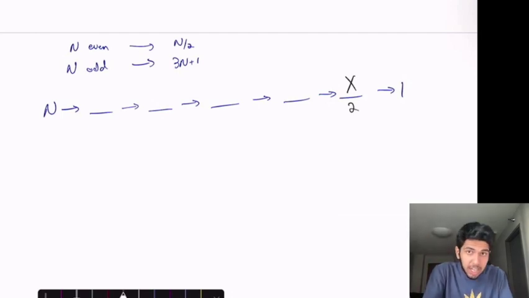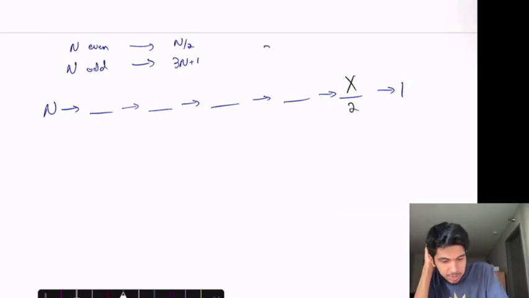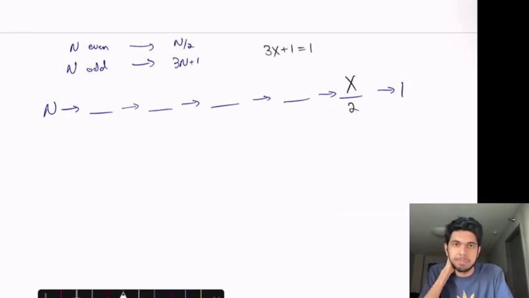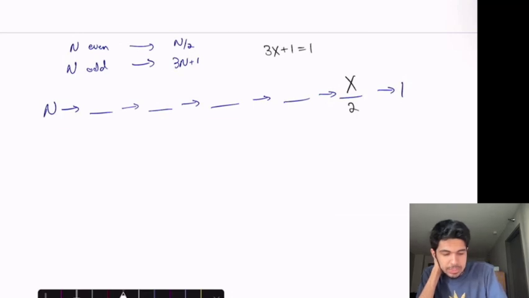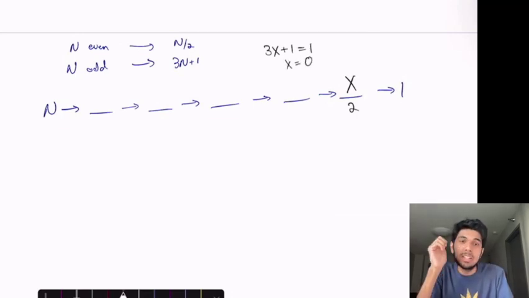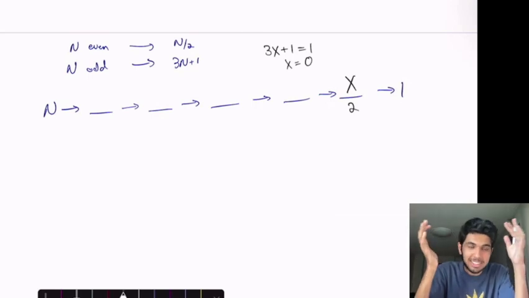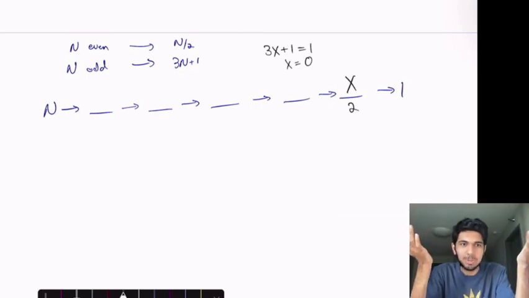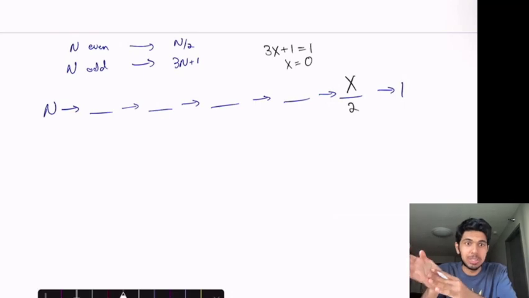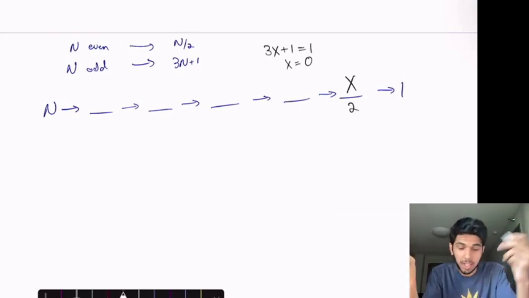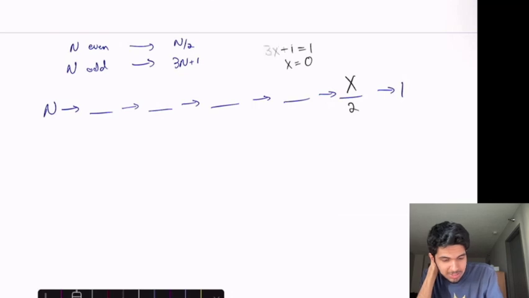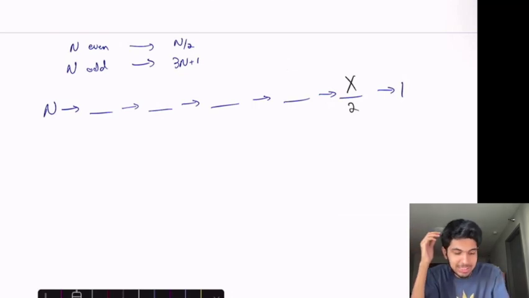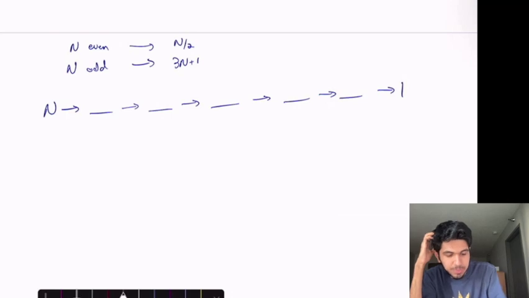If x is odd, then we would have done 3x plus 1 equals 1. If you solve for x, you get x equals 0. The issue is that 0 is not odd, so we wouldn't have said do 3x plus 1. We can't run into this case, which means x has to be equal to 2.